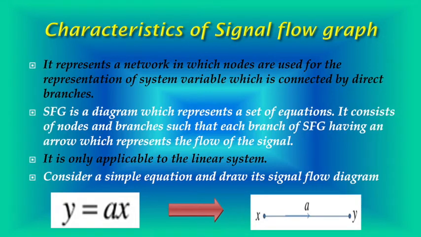Characteristics of signal flow graph. Signal flow graph is a graphical representation of the relationship between the variables of a set of linear algebraic equations. It does not require any reduction technique or process.